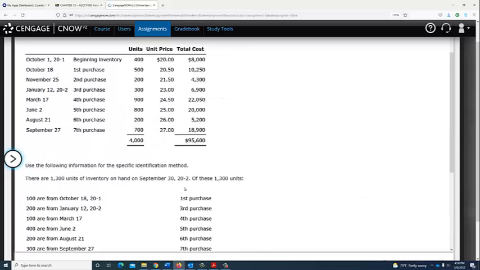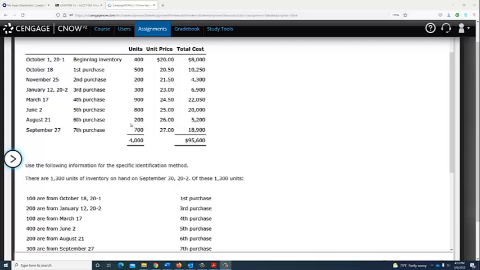Okay, remember with your inventory methods, you need to find out how many are in ending inventory and then calculate how many you sold. So I have 13 units in ending inventory, and if I had 4,000 and I still have 1,300, that means I sold 2,700.